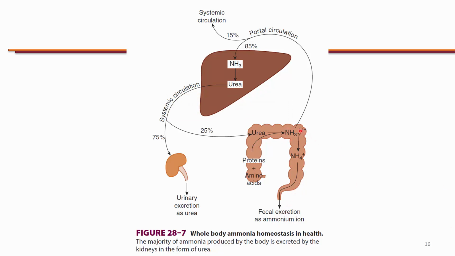And that ammonia can also be reabsorbed and go back to the circulation. So if the liver is unable to process ammonia and convert it into urea, that means ammonia levels will go up. Another issue is we can actually control how much ammonia is absorbed into circulation if we have drugs that target what's going on in the GI tract, which I'll talk about.